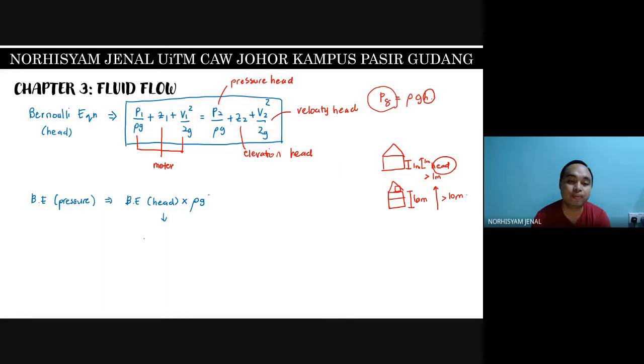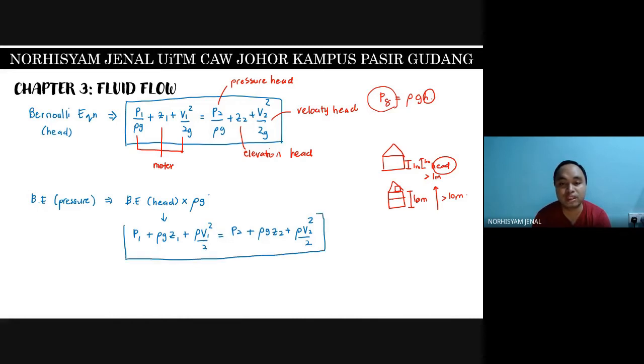It will become P1 plus rho GZ1 plus rho V1 square over 2 equals to P2 plus rho GZ2 plus rho V2 square over 2. So what we see over here, this equation, should be Bernoulli equation in terms of pressure.